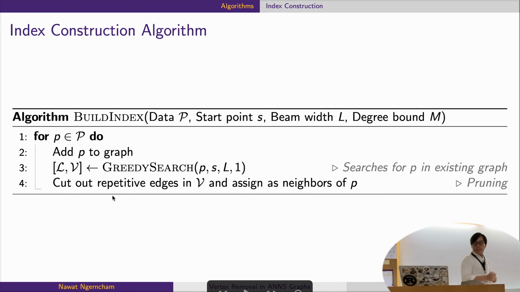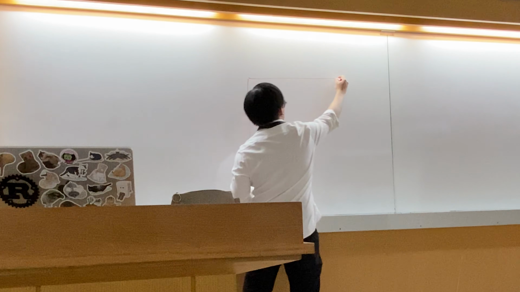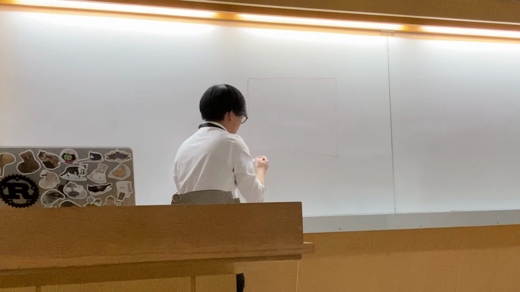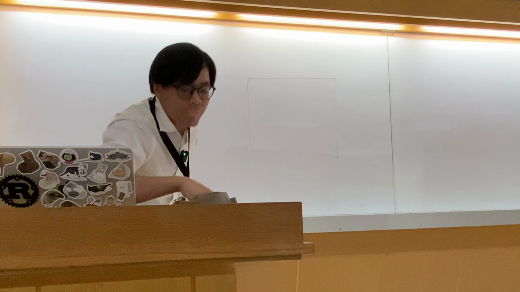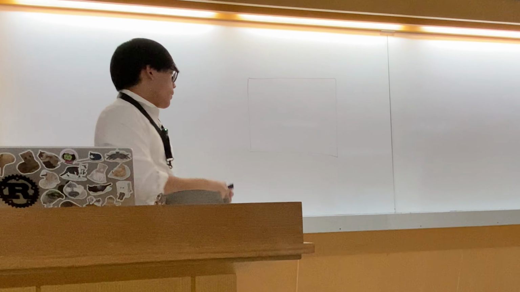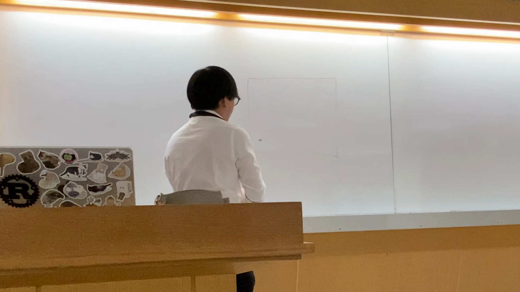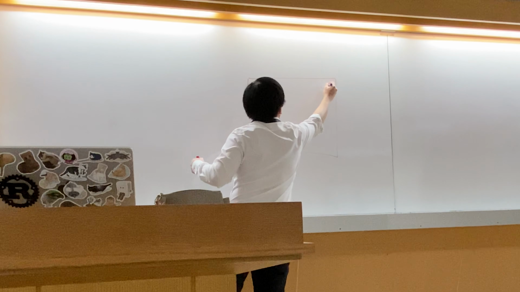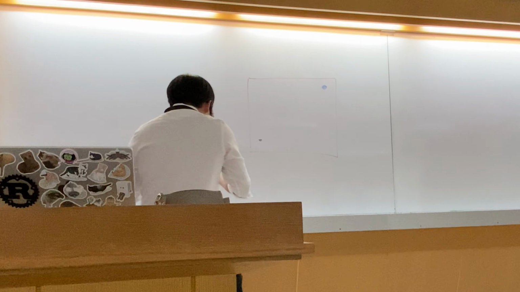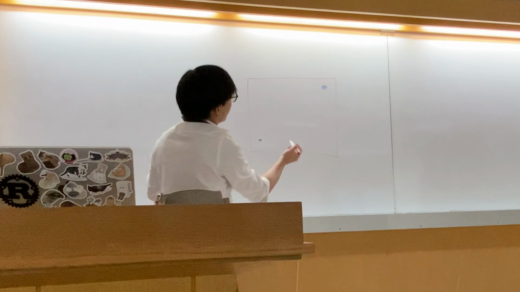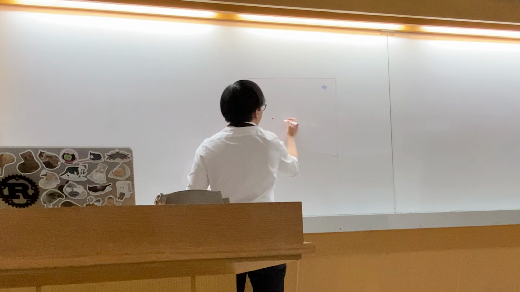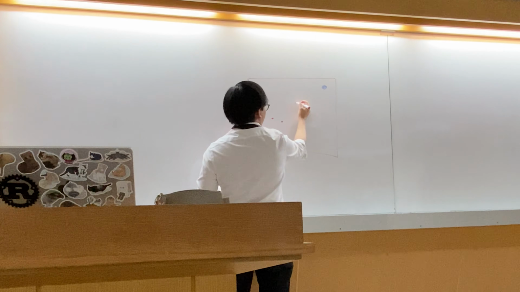And the idea behind cutting out repetitive edges is something kind of like this. So let's say my starting point is here, and then my query point is here. In order for me to get from my starting point to query, I might have to visit these nodes or these vertices.